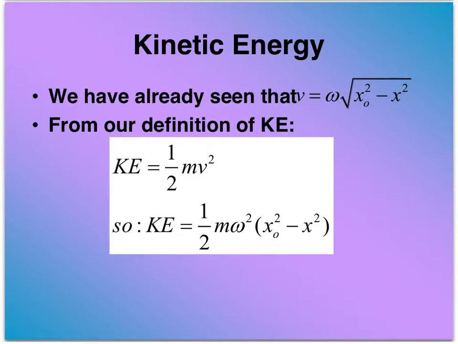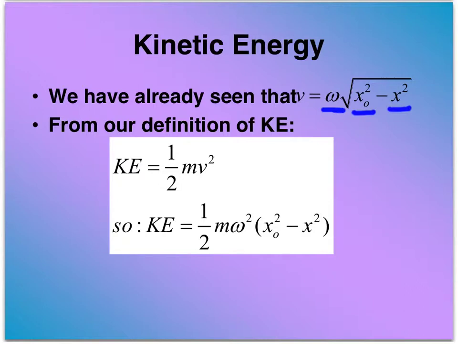Also, if we remember from the previous set of notes, we can express the velocity of an object in simple harmonic motion, or we can find it at any given point, given the equation omega times the square root of x sub 0 squared minus x squared, where, for a refresher, omega is our angular frequency, x sub 0 is the amplitude, and x is the displacement of the object at that point.